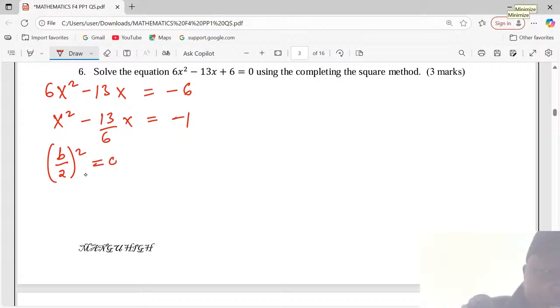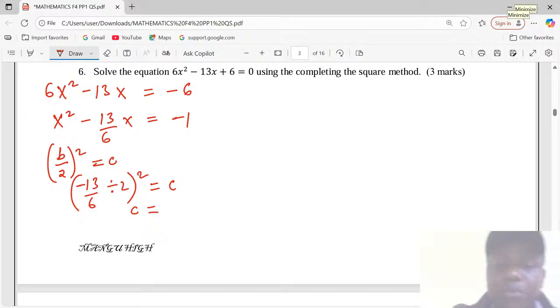We are saying negative 13 over 6. When we divide this by 2, then we square, we shall get c. Remember, this will be negative 13 over 12. So when we square, we are getting 169 out of 144.